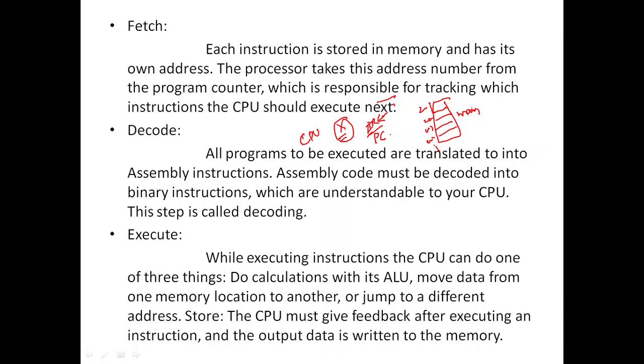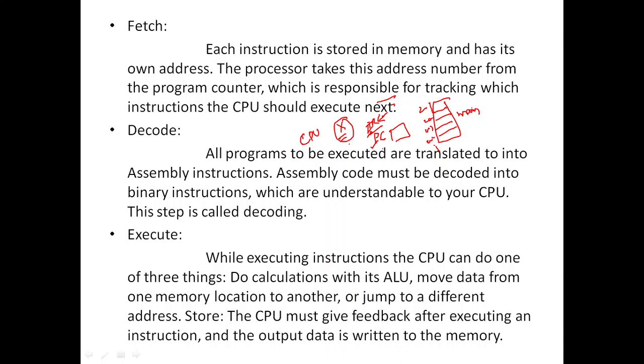The address of the next instruction is stored in the program counter. PC means program counter, IR means instruction register. Make a note of it carefully. The instruction register stores the currently executing instruction, and the program counter stores the next instruction address which is going to be executed by the CPU.